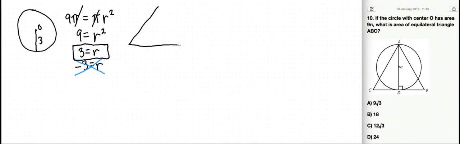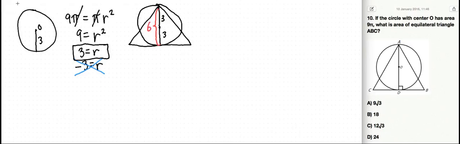It's a little hard to get straight lines. If that radius is 3, and all radii are the same length in a circle, so that's also 3. So what that means is that whole thing, the length of that is 6.